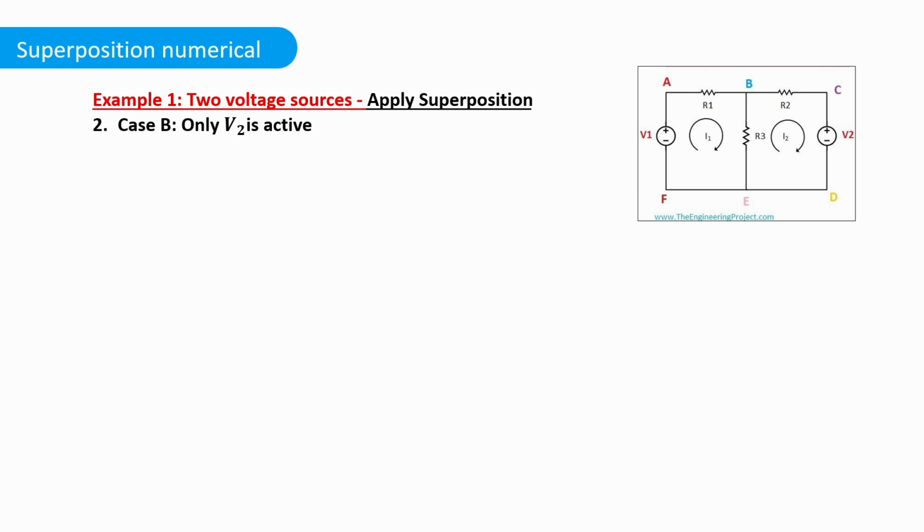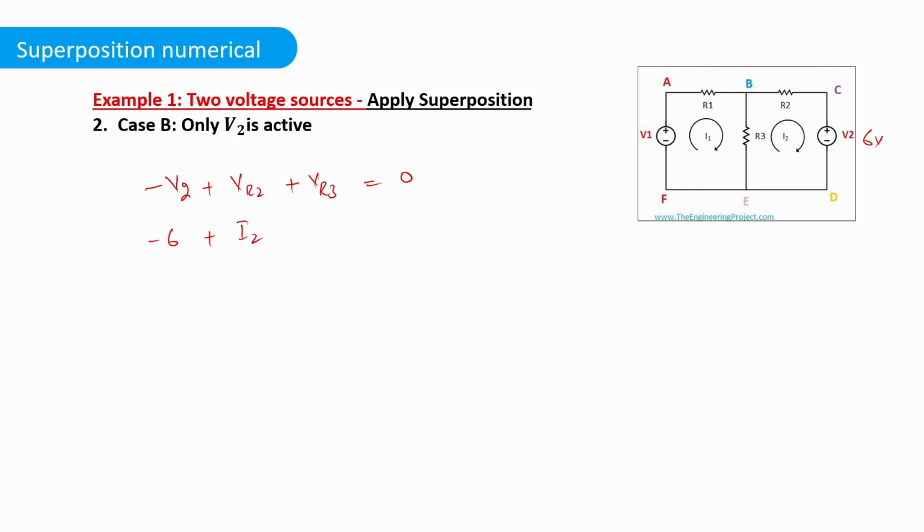Now applying the KVL in the second loop. This is actually really easy. We will start from here, right? So this becomes minus V2 plus voltage across R2 plus voltage across R3 equal to 0. V2 was 6 volts, so I will simply replace it with 6 plus VR2.